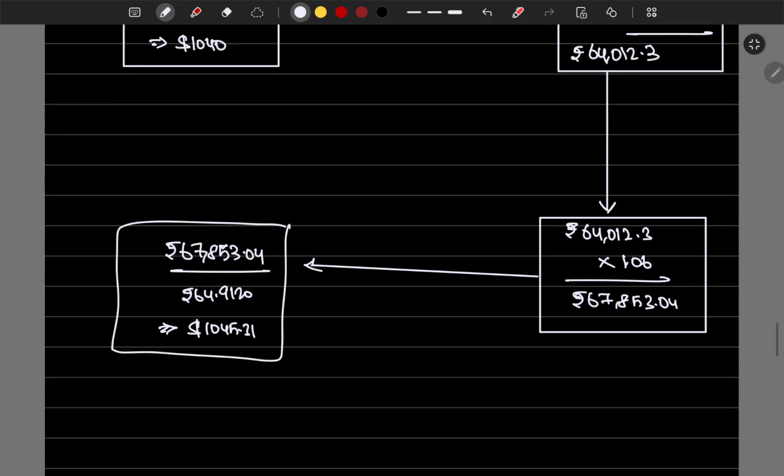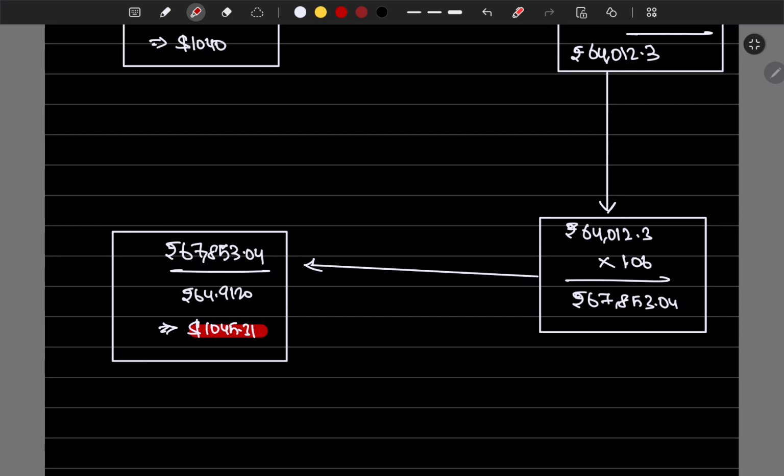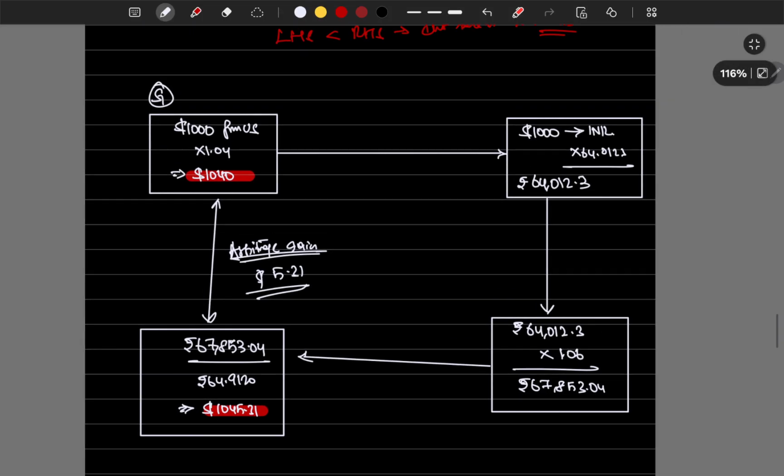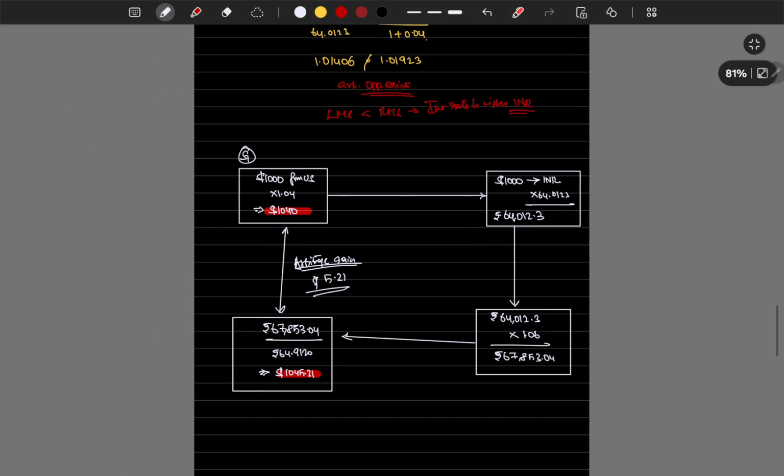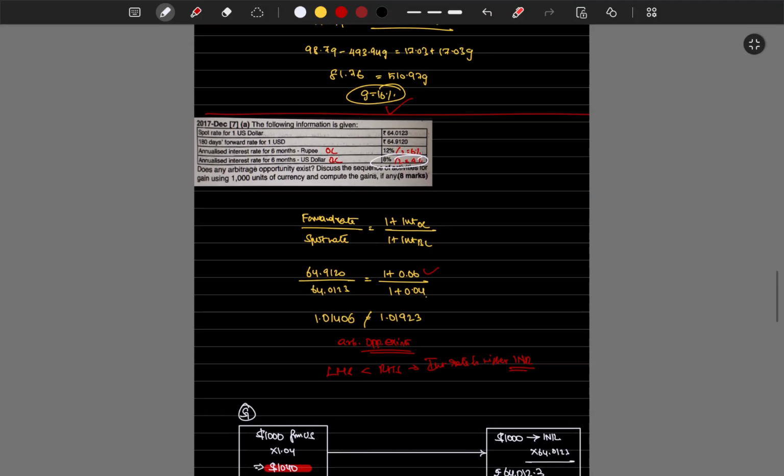Okay, what's the difference? This difference is our arbitrage gain, which is $5.31. Yes, that's it. Very simple problem. Putting a box, we can finish this problem. Okay, thank you.